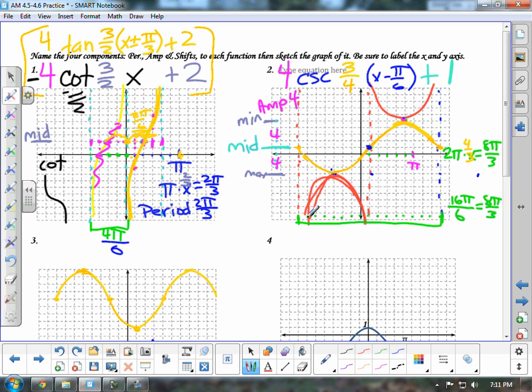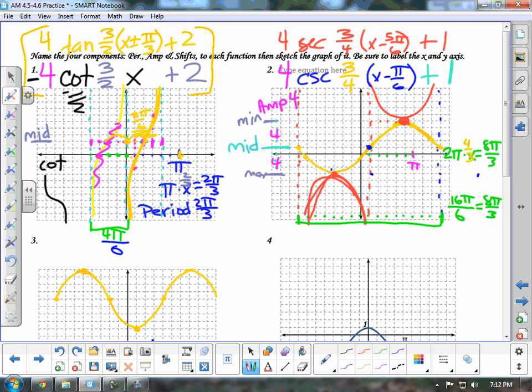If we chose to use our other one and put secant in, none of that would change. The only thing that would change is where our starting point is, and that is right here at this coordinate, which is 1, 2, 3, 4, 5 pi over 6 to the right, so then x minus 5 pi over 6.